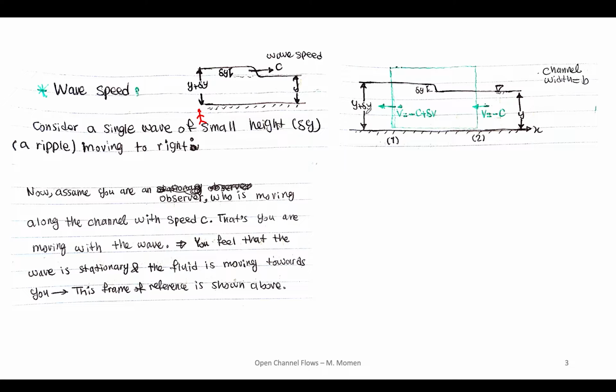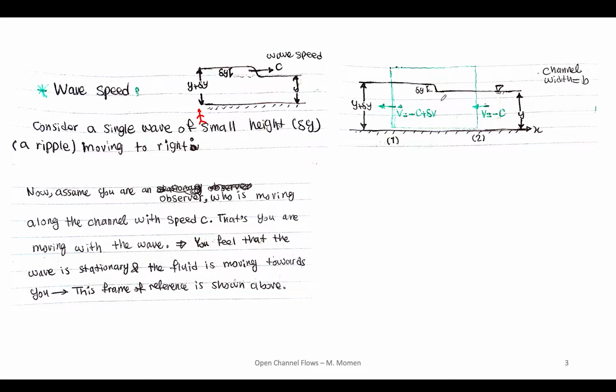This would be the new frame of reference, the new observer who is moving with the wave, and so it sees that the wave is stationary, and that the water here, the fluid here, is coming towards that observer. And the water here is also going after that.